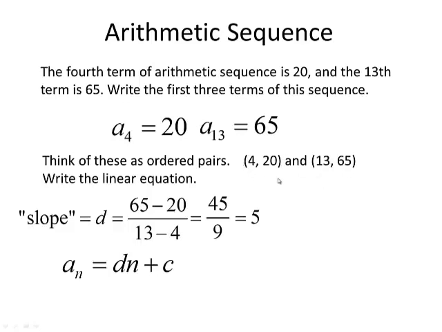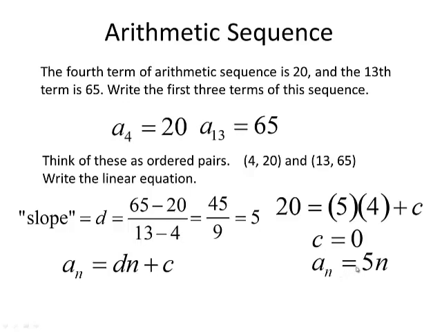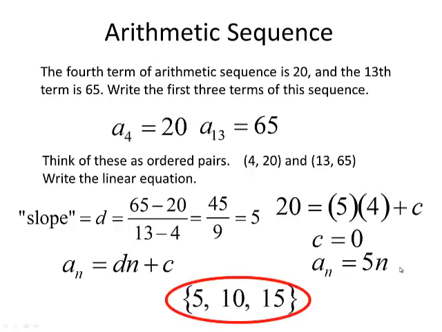I'm going to use this one here, the 4 and the 20. I'm going to say when the term is 20, the difference is 5, and n is 4, and I can solve for c. That's 20 is equal to 20 plus c, so c is 0. So a sub n is equal to 5n plus 0.